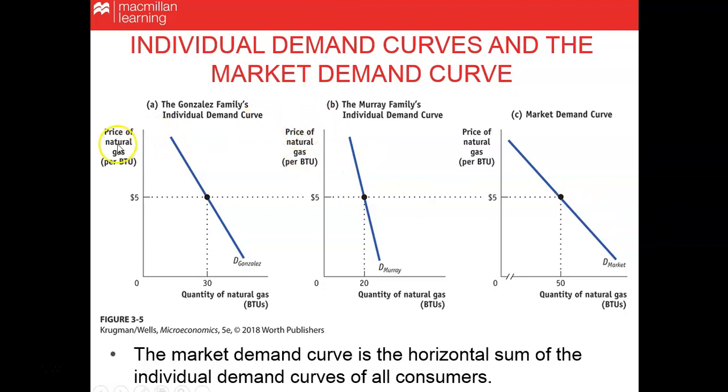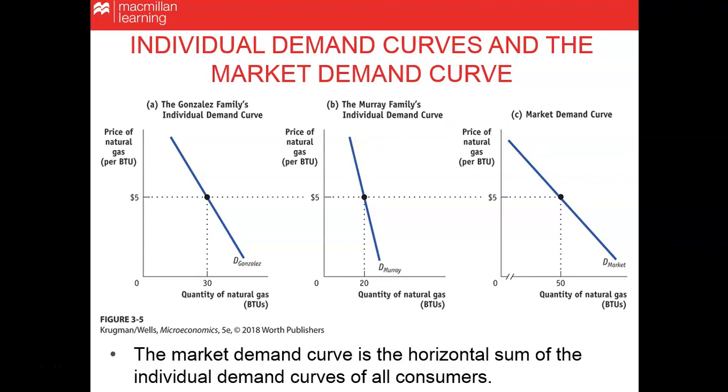Just like this example, for the BTUs, the Gonzalez family, right? As the price goes down per BTU for natural gas, they're going to use more. They'll probably cook more, or maybe their heating is natural gas, so they'll keep the thermostat higher. But if the price is higher, they'll conserve, et cetera. So they have their own demand curve. The Murray family has a demand curve. Every other family that's part of this market, right?